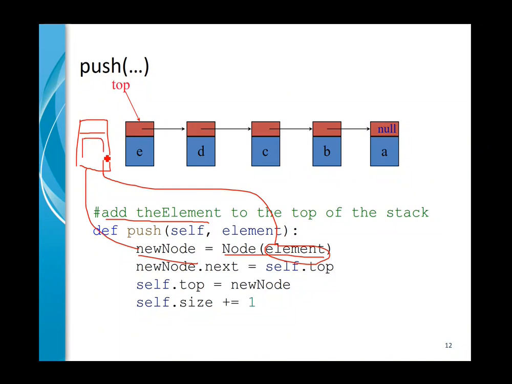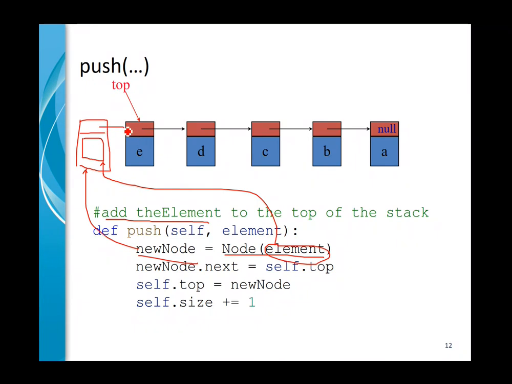Then the new node's next is pointing at what the top is pointing at, the first item.